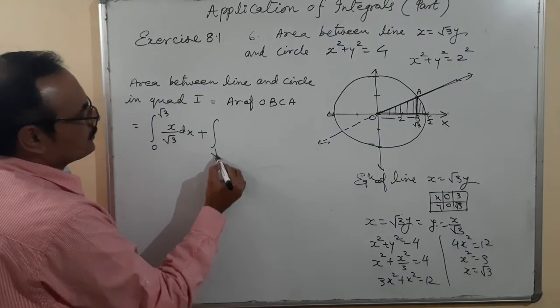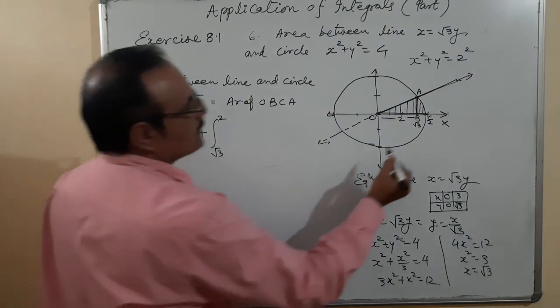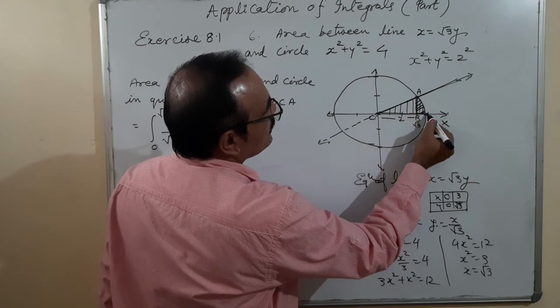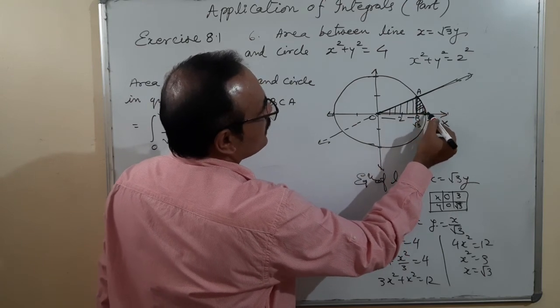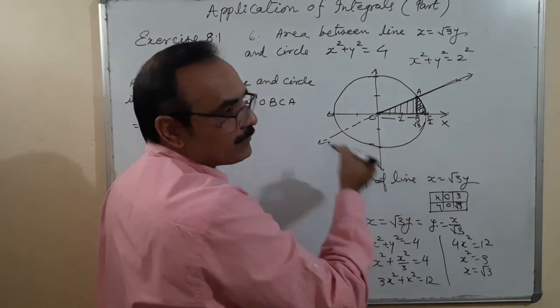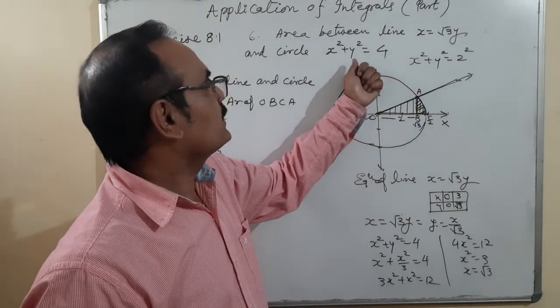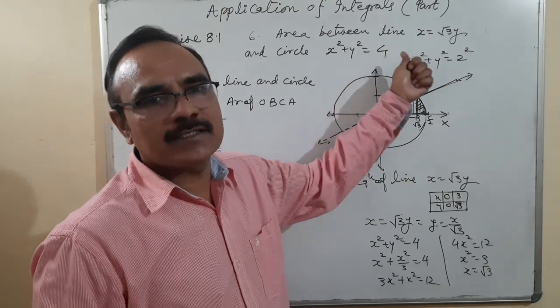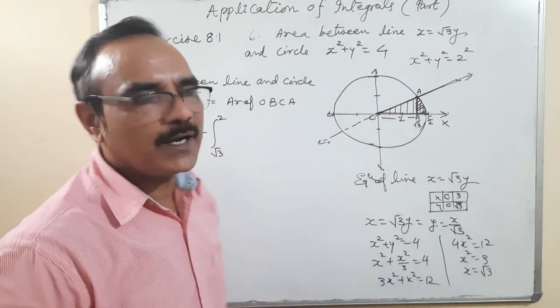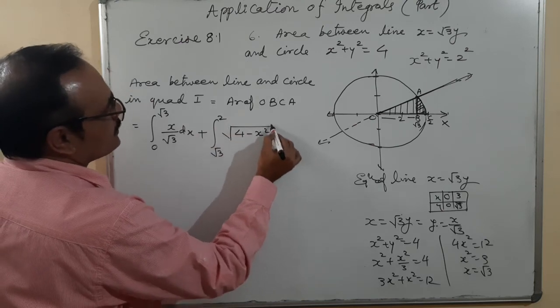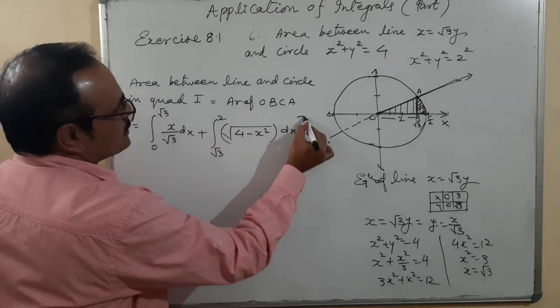This area is bounded by this curve, which is a part of the circle x square plus y square is equal to 4. Therefore, y square is equal to 4 minus x square, y is equal to under root 4 minus x square, integral of root of 4 minus x square dx. Is it okay?